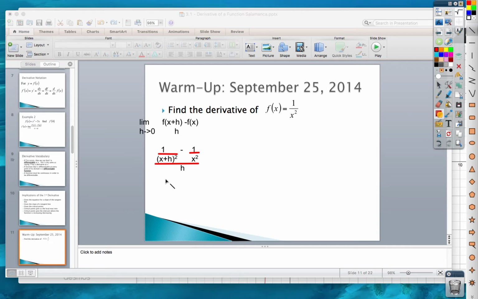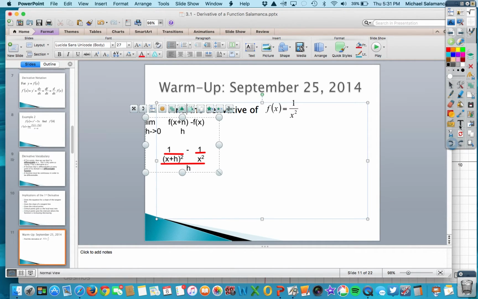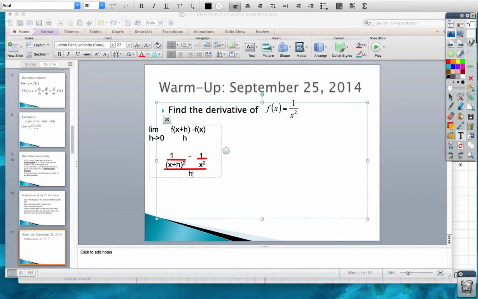If we start solving for that denominator, actually, looking at this now, it doesn't make any sense to start factoring that out. Rather, what I'd rather do is start finding a common denominator. You'll notice that in this particular portion, it lacks the x squared on the denominator. So what I'm going to do is multiply x squared to the denominator and the numerator.